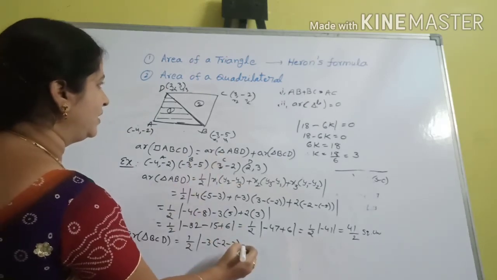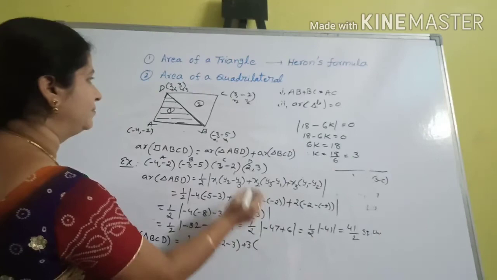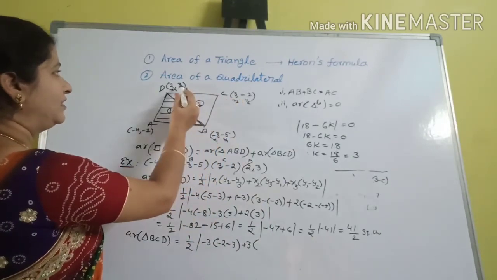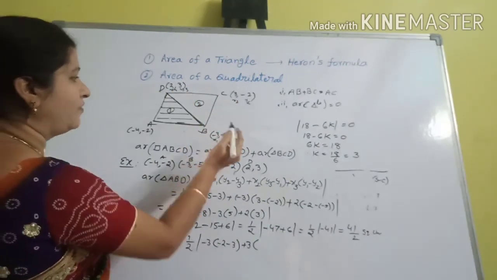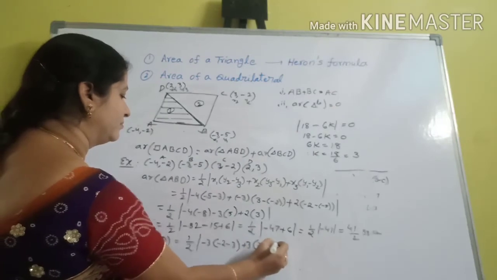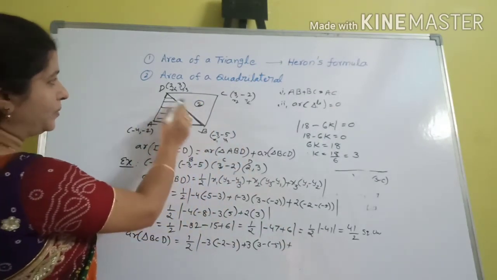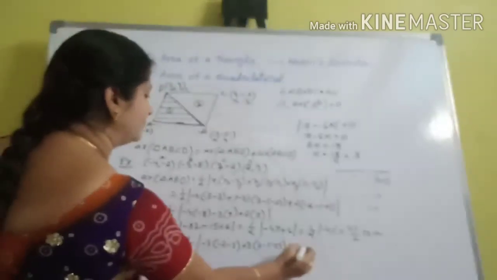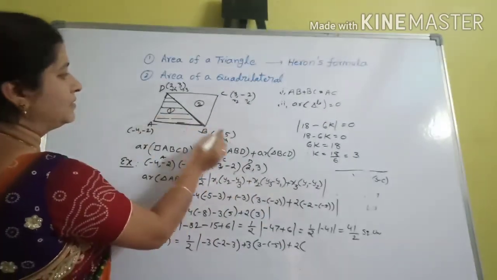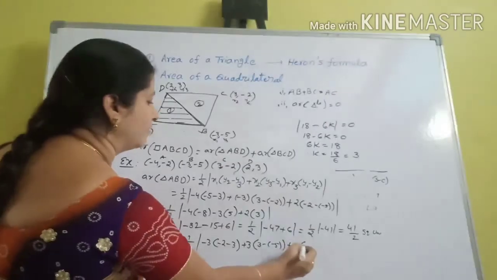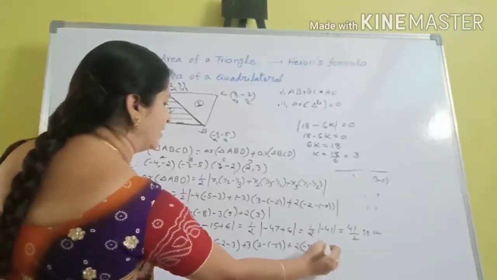Again plus x2 into 3 into y3 minus y1, 3 minus of -5, plus x3 into 2 into y1 minus y2, -5 minus of -2.